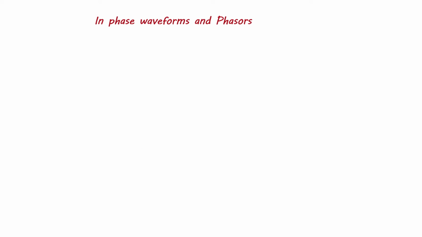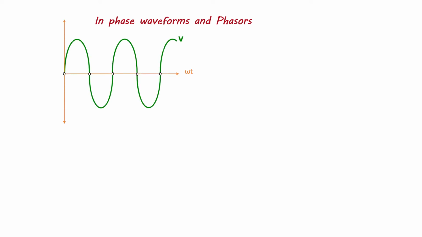Let us speak about the in-phase waveforms and in-phase phasors. We now take a voltage waveform which is varying sinusoidally. The equation of this waveform is v of t is equal to Vm sine omega t plus or minus 0 degrees.